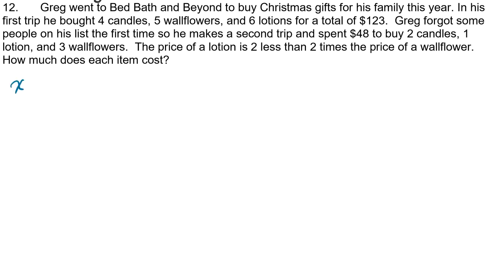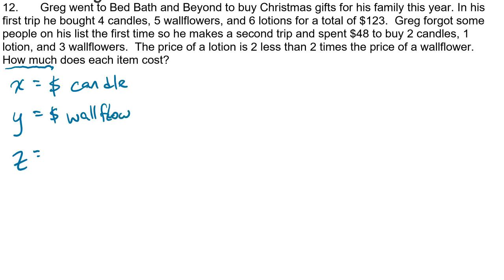Alright, so in this one we're looking for 3 different things, X, Y, and Z. And it's how much, so we're looking for the price. So we're looking for the price of a candle, the price of a wallflower, and the price of a lotion.